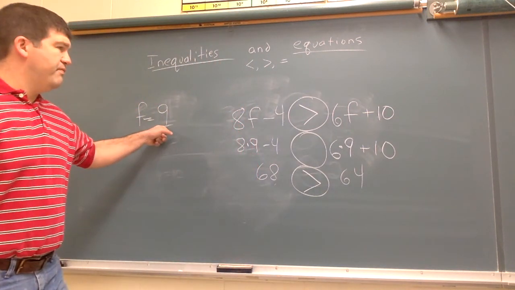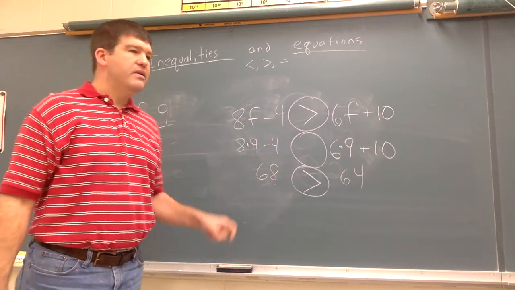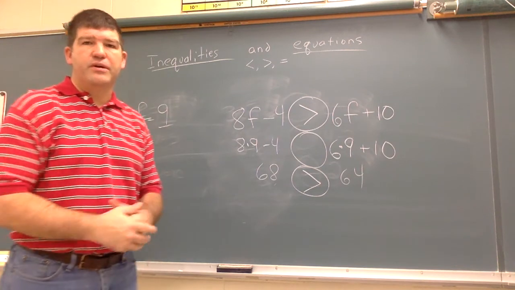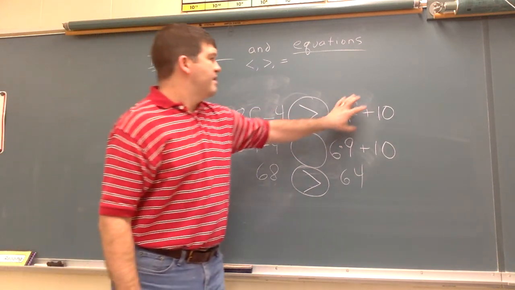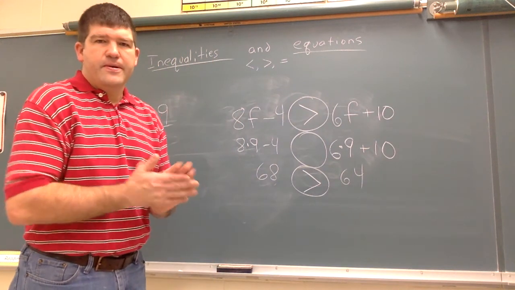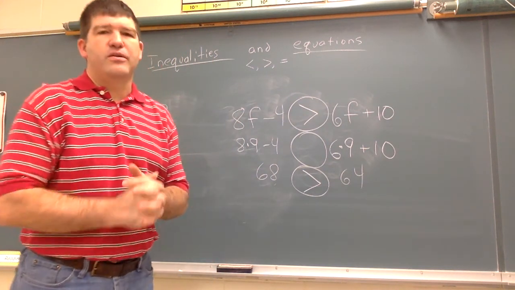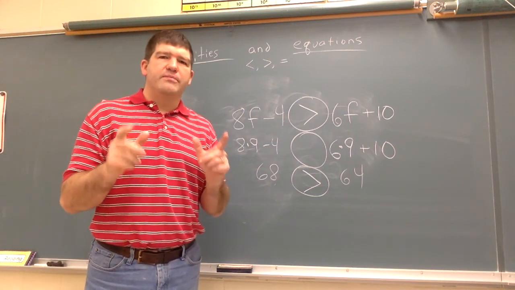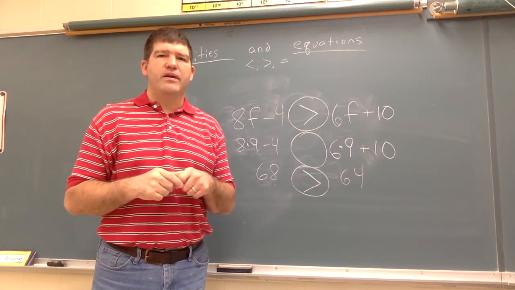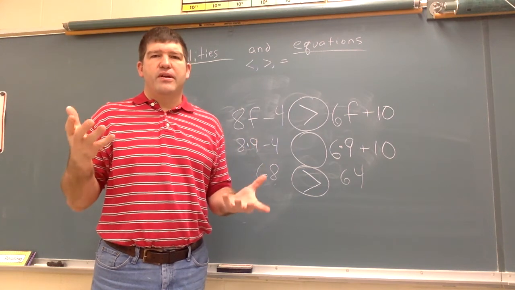Now if this number was different, that might be different. But when f is 9, it creates an inequality. This side is greater than this side. Okay? So that's inequalities.